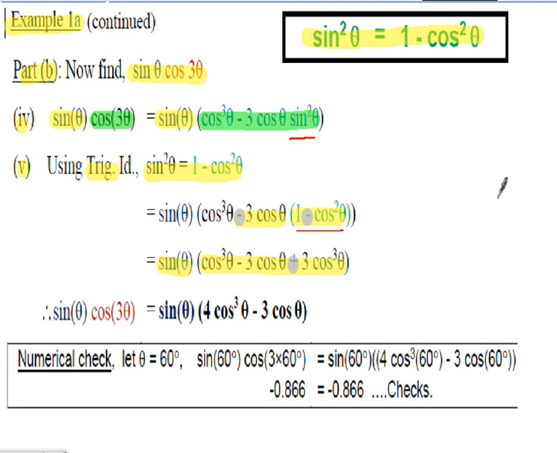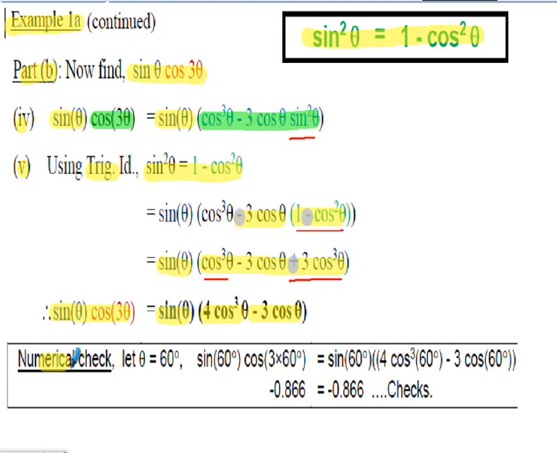So finally, simplifying inside the bracket, I've got a cos cubed theta here, and I'm adding that with a 3 cos cubed theta here. So that makes 4 cos cubed theta minus 3 cos theta in the bracket, all multiplied by sine of theta. So we now have a trigonometric identity for sine theta multiplied by cos 3 theta.